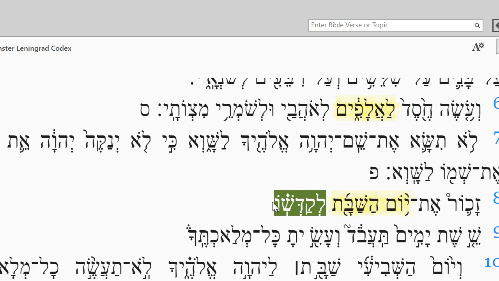I may be exaggerating with hundreds, but there are dozens of prefixes throughout this chapter that you can highlight. The reason I'm not going over all of them is that many of them are just recycled prefixes that we've covered. Like, again, here we see la, meaning to or for.